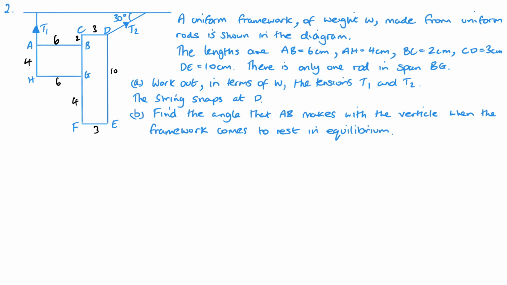So what we want to do here is start by finding the centre of mass of this framework. So let's make A the origin here. Make our life, well, there's no super easy way on this one, is there? And what I'm doing is I'm just going to go around in this direction here.